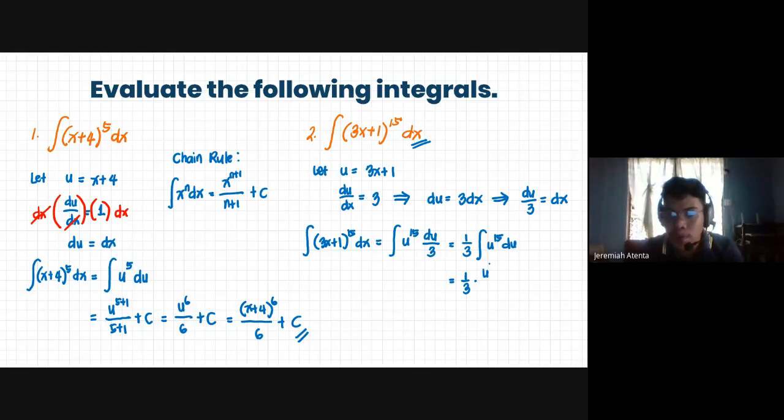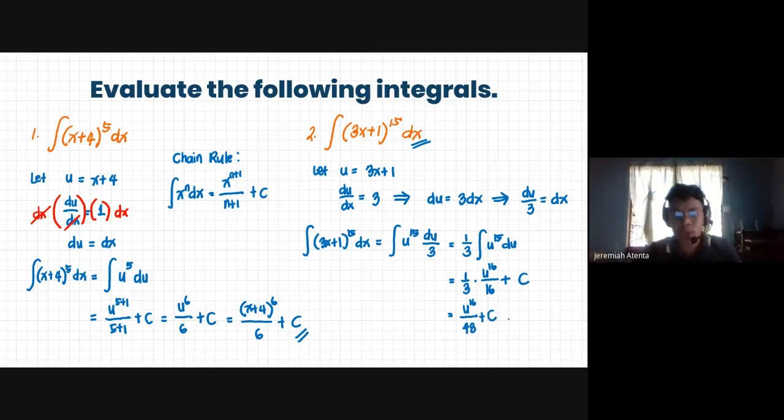to the power of 15 plus 1. Pwedeng diretso tayo. You have u to the power of 16 over 16. Then you have plus c. Okay? And this is now equal to u to the power of 16 all over 3 times 16 is just 48 plus c.